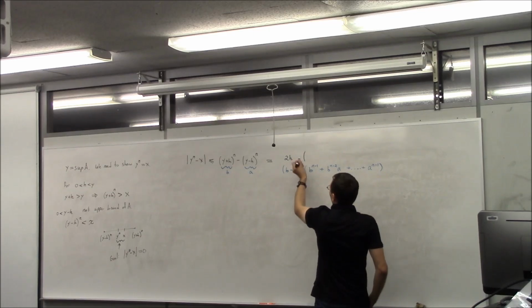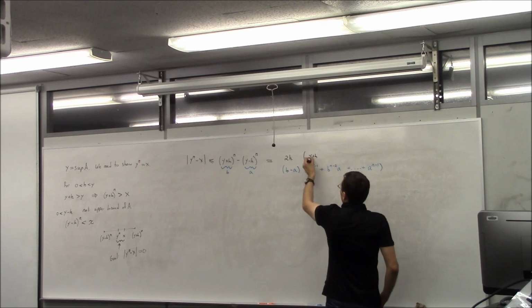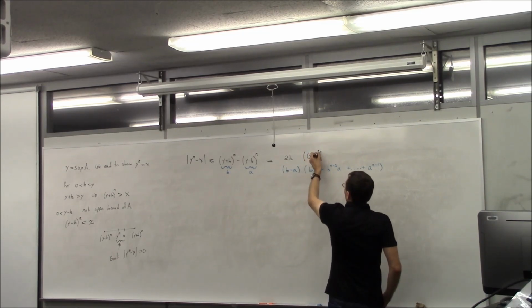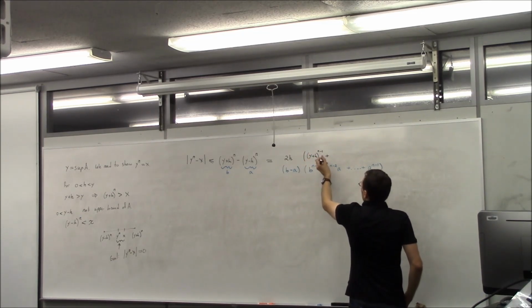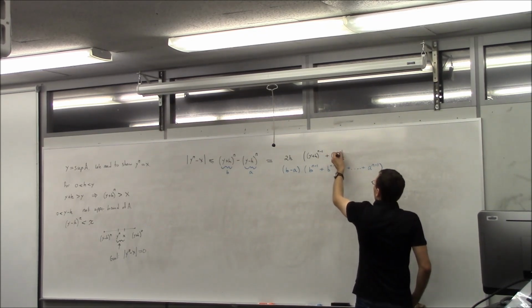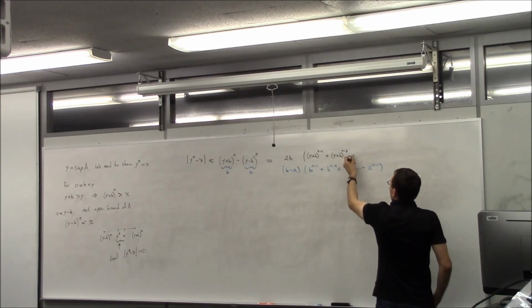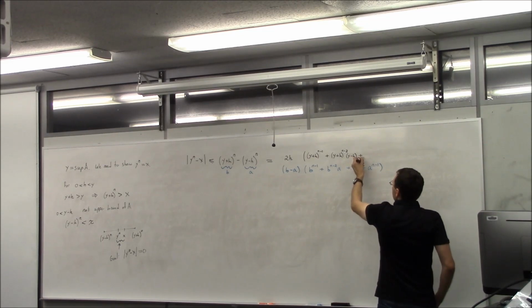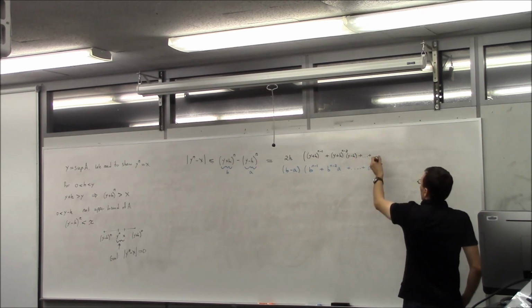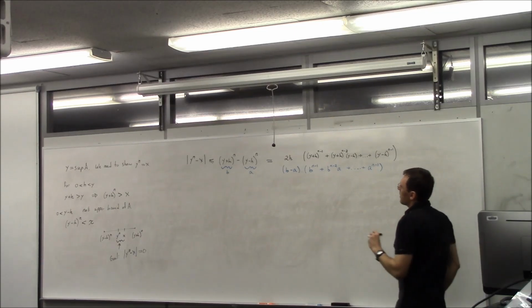And what do we have in this product? Here we have y plus h to the power of n minus 1. Next is y plus h to the power of n minus 2 times y minus h. So on until you get to y minus h to the n minus 1 power. So we can simplify this.